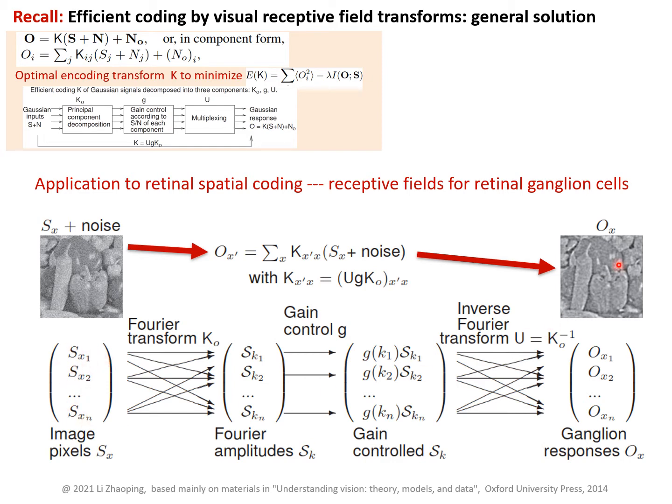And the pixels here represent retinal ganglion cell activities, cell 1, 2, etc. Each of these retinal ganglion cells is a weighted sum of these input activities by this encoding transform. Now let's look at each of these three components of this transform in detail.